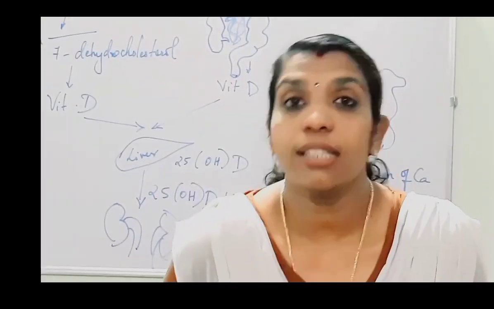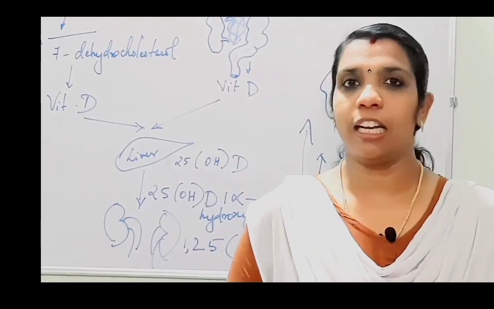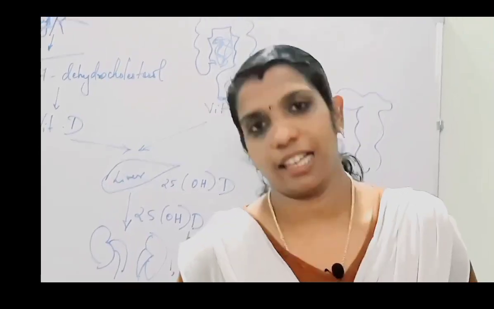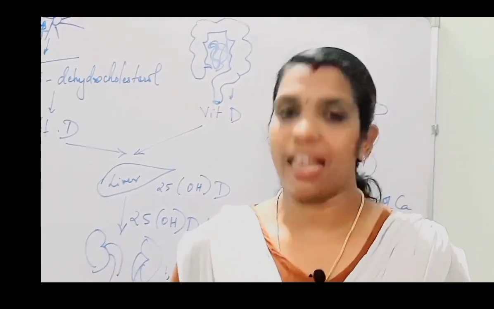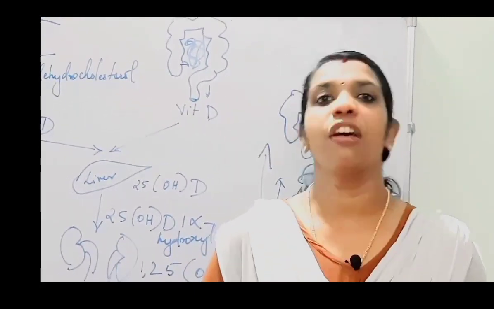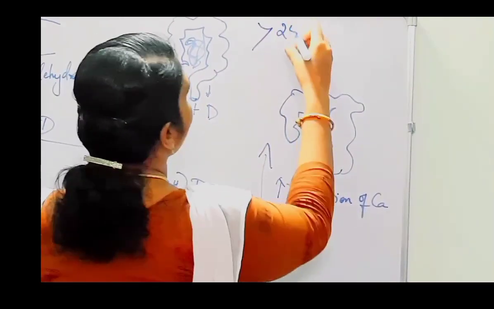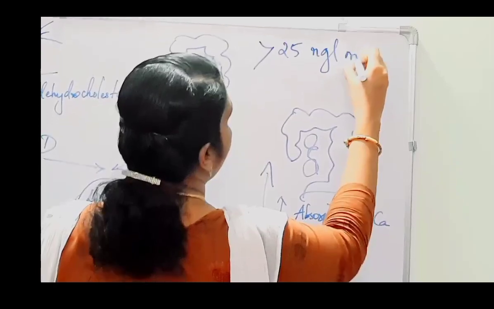Now we will see the normal value of vitamin D. We will be discussing the normal values according to the standard textbooks. According to Harrison, the normal value of vitamin D should be greater than 25 nanogram per ml.